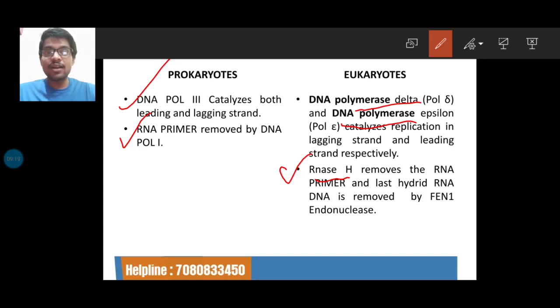It cannot remove the hybrid of deoxynucleotides and ribonucleotides. So the last nucleotide, the RNA-DNA hybrid, is removed by the enzyme FEN1 endonuclease. Okay, so it is clear what the difference is between elongation in prokaryotes and eukaryotes.